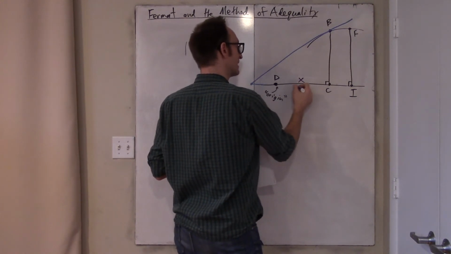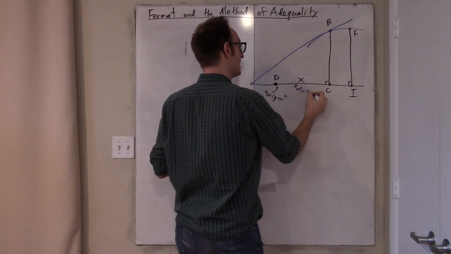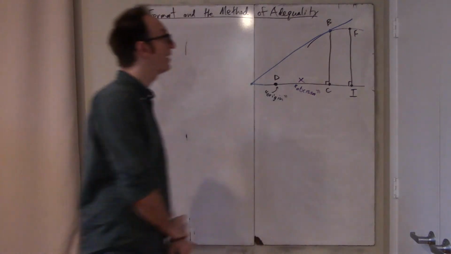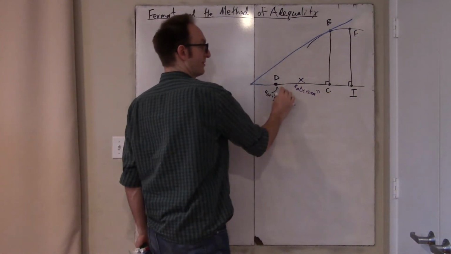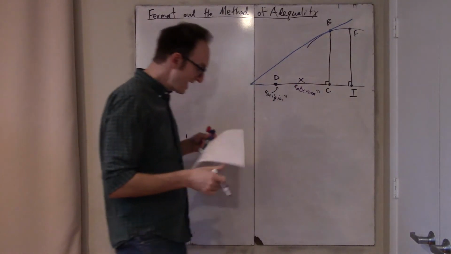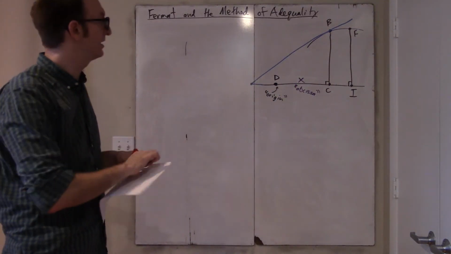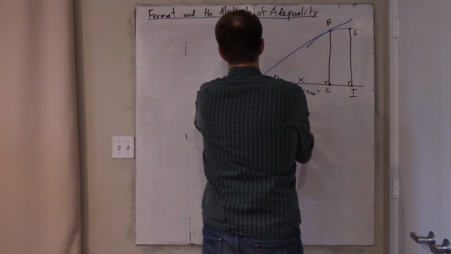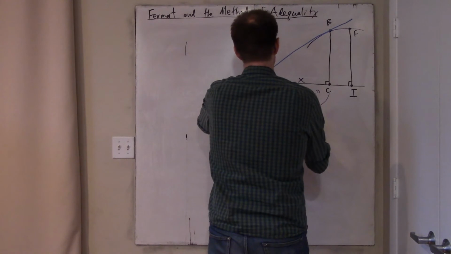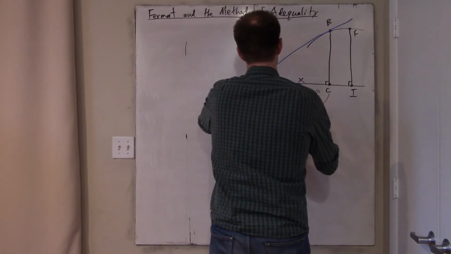I'll call this x. This is the abscissa. It's just how far the point of interest C is from the origin. So that's x. And then the entire thing is the subtangent. So this is the subtangent.